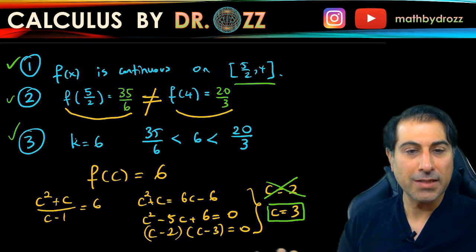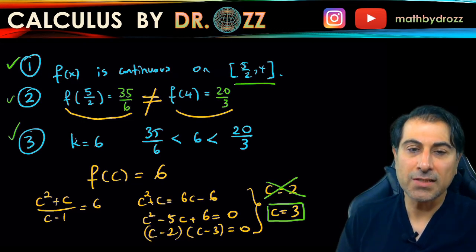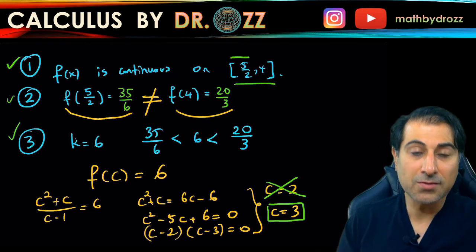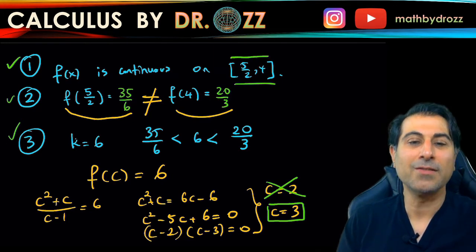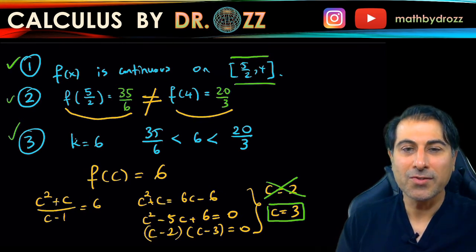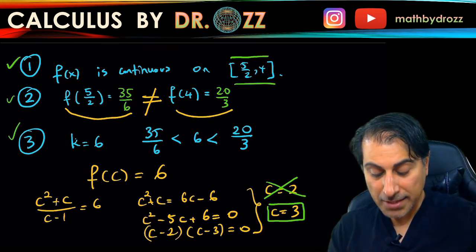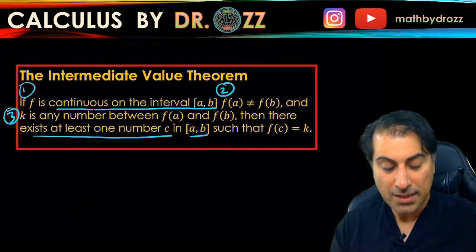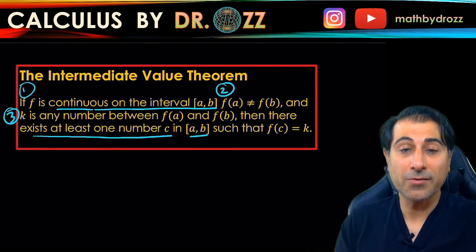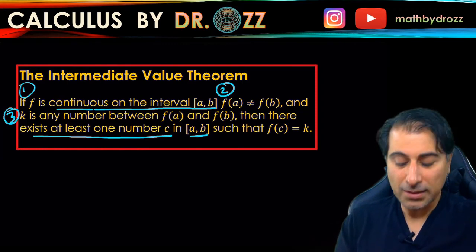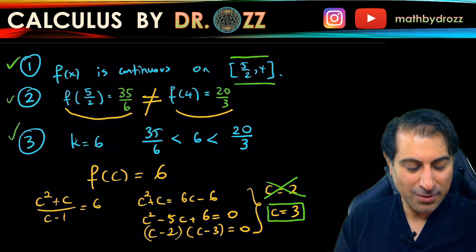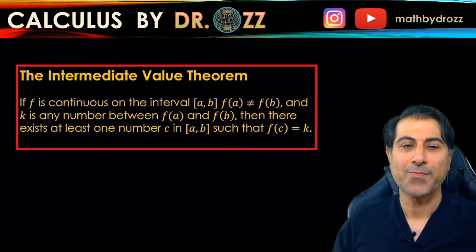Even though the function attains the value of 6 at 2, the interval that we're considering is 5 halves to 4, so only c equals 3 is in that interval. So the guaranteed c in the statement of the intermediate value theorem is only 3 in our case. So 3 is the answer.